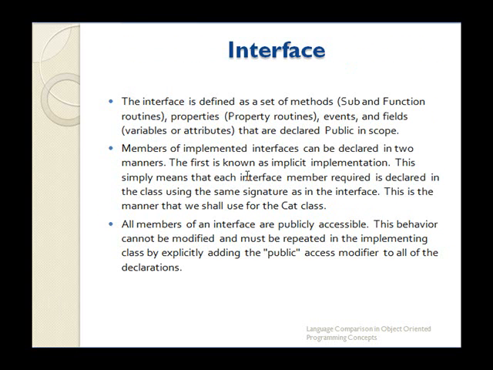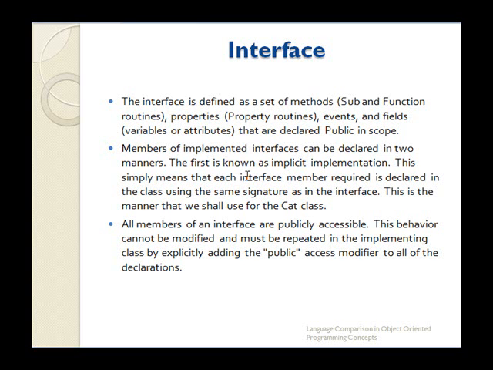Interface. The interface is defined as a set of methods, properties, events and fields that are declared public in scope. Members of an implemented interface can be declared in two manners. The first is known as implicit implementation. This simply means that each interface member is declared in the class using the same signature as in the interface.